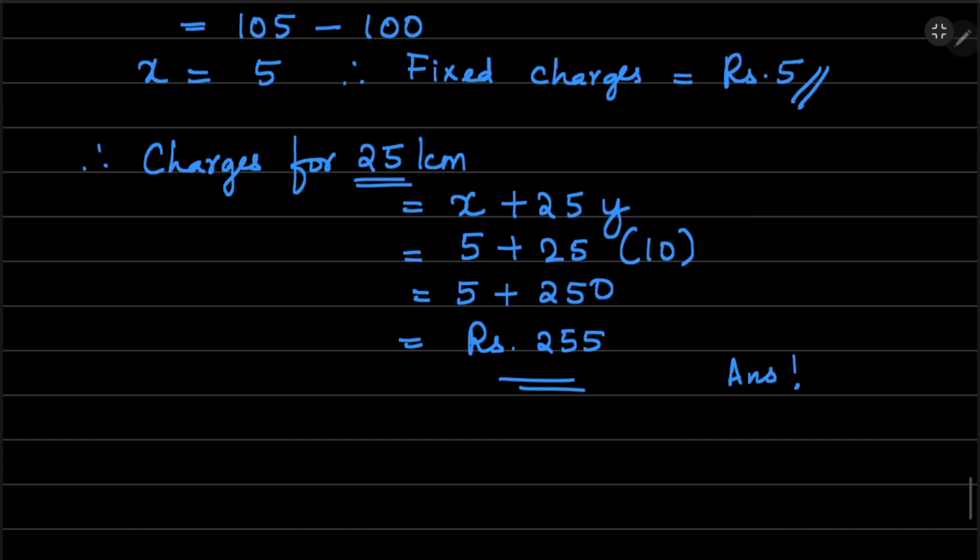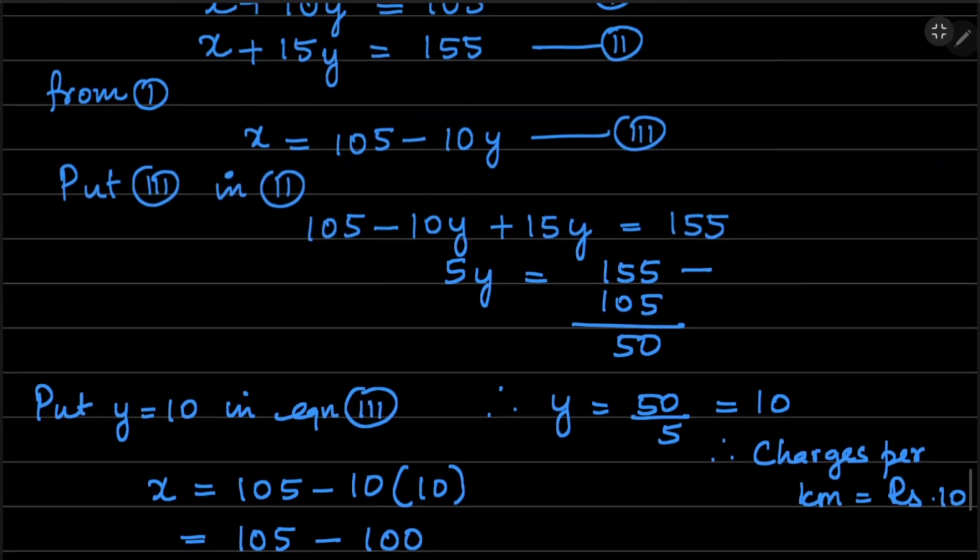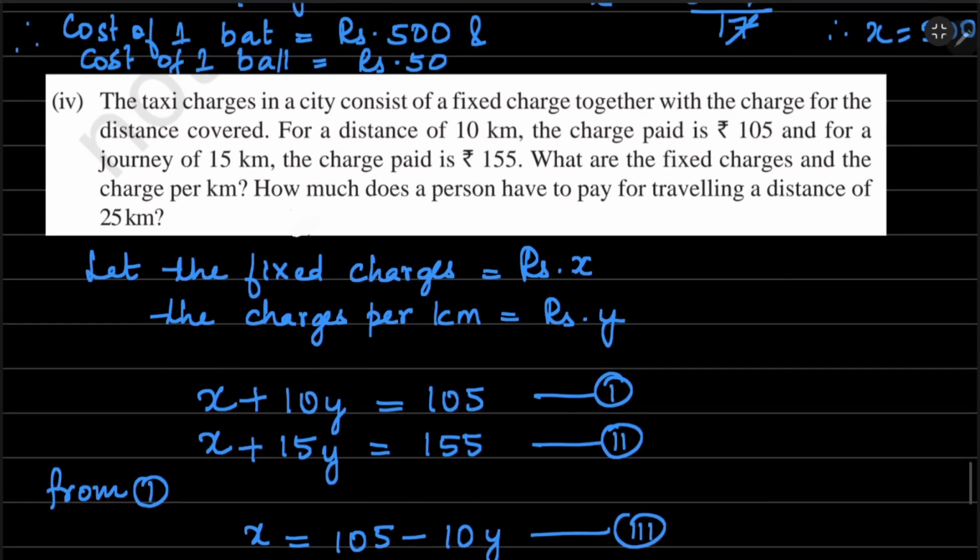Very important question, but if you have understood the concept, then it is very, very easy to translate or write the given sentence in terms of a linear equation. Okay, so fixed charge is a variable, and then the variable charge, that is the charge per kilometer. You are just assuming them to be X and Y respectively.